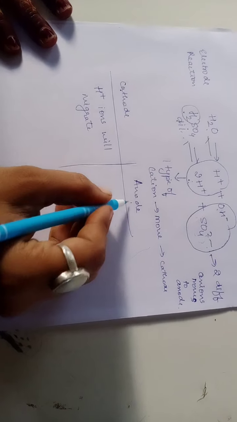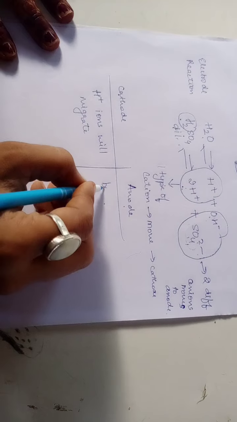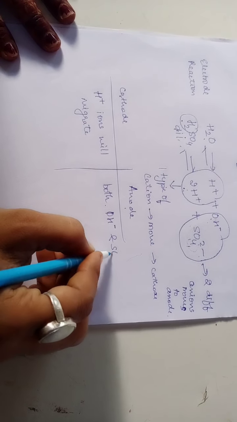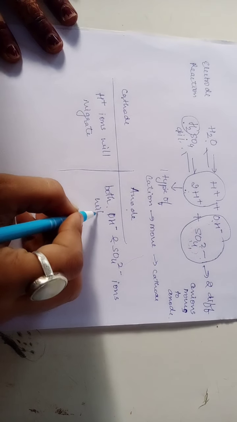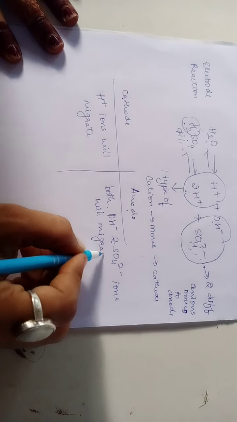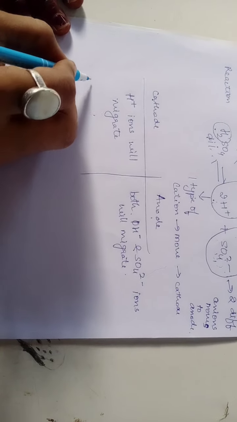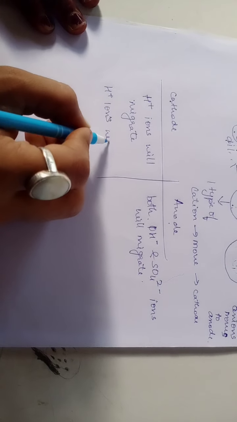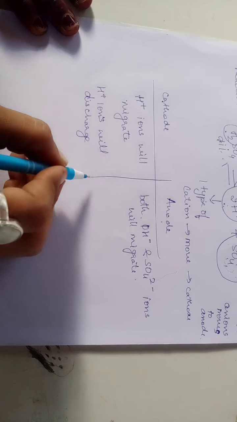At the anode, who will migrate? Both the anions, OH minus and SO4 raised to 2 minus ions, will migrate. Migration will take place for both the ions. Now who will discharge? Here H plus ions will discharge, because there is no other possibility, children.